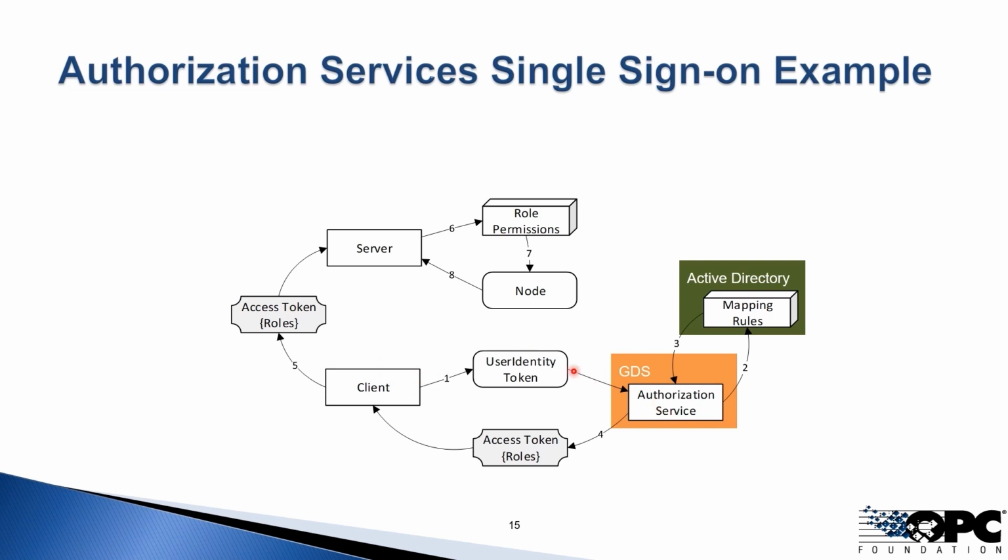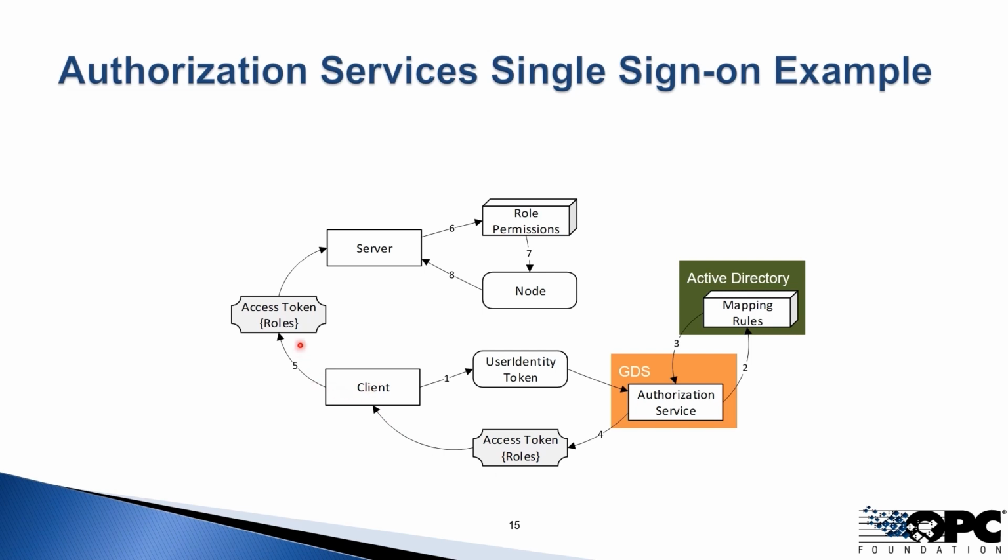So this step doesn't per se really happen. The client already has the user identity token that it needs because the machine has already been logged into by the user. So that token is passed to the authorization service, which in turn talks to Active Directory to get the roles that were assigned to that particular user, creating the access token with the roles.